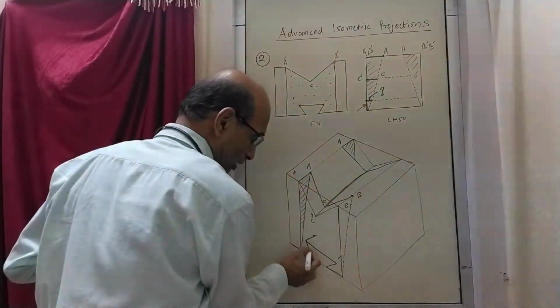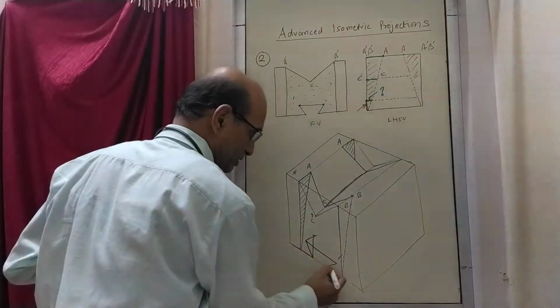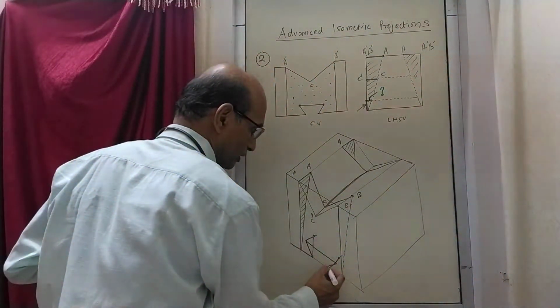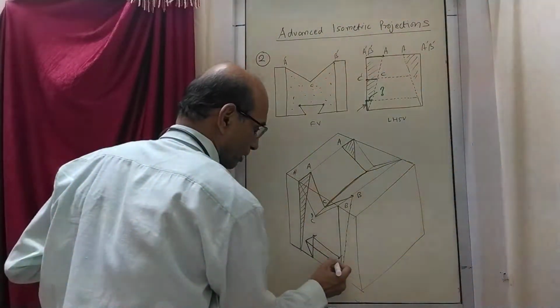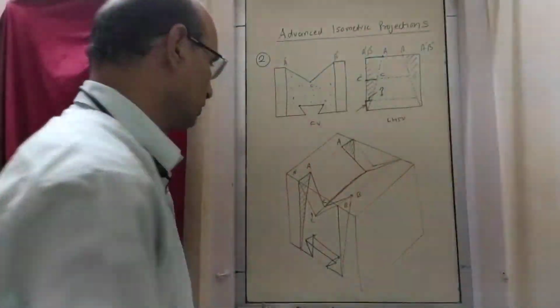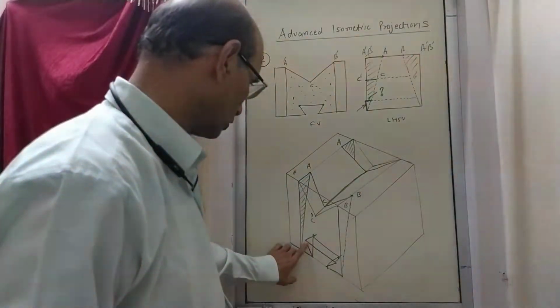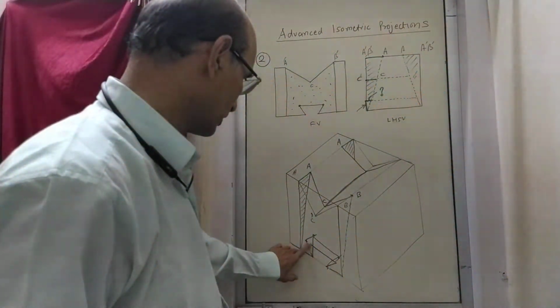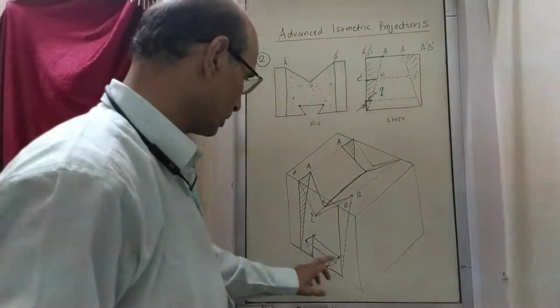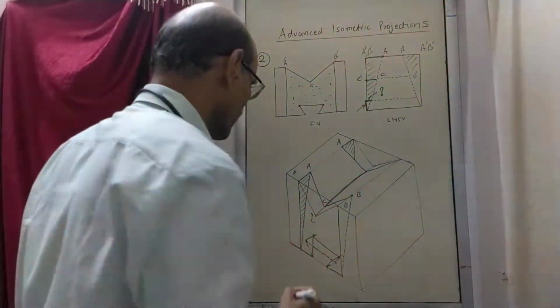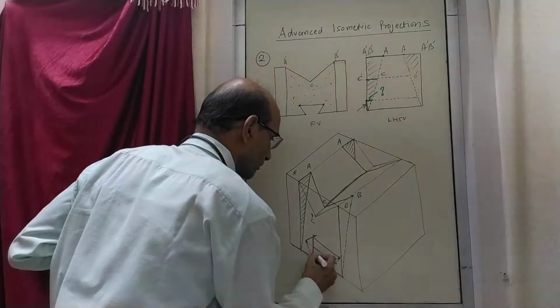So instead of joining like this, I am going to join like this. Same thing, you have to join like this and then join like this. Whichever way the figure comes, accordingly you have to draw. So this is the line which you have to retain, and this will be there only as a construction line. So this will be light and this is final. What is drawn here is a final line.